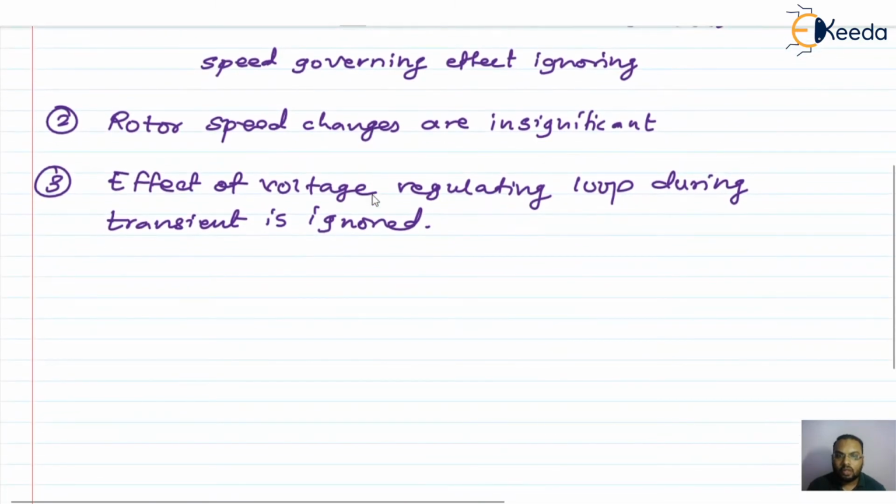So in our next lecture we will be discussing that simplified model of the machine. Then in the next lecture we are going to discuss the power angle curve, which is nothing but the curve we will get through this power angle equation. In that lecture we will discuss the complete derivation of this power angle equation. Okay, thank you very much.